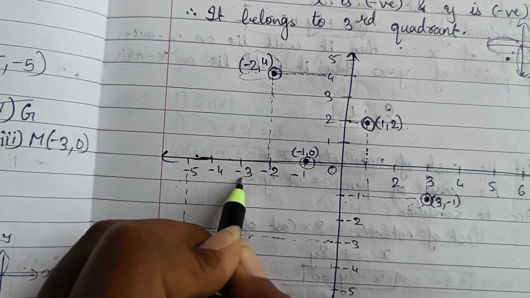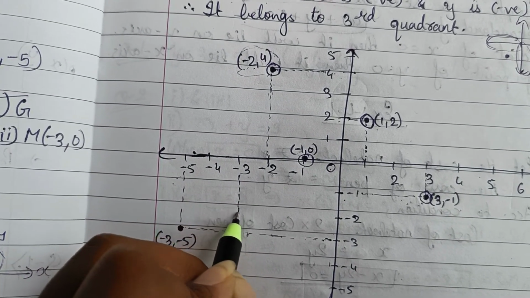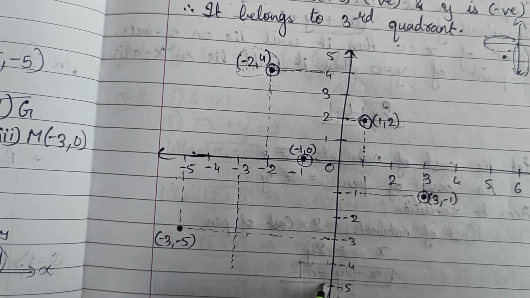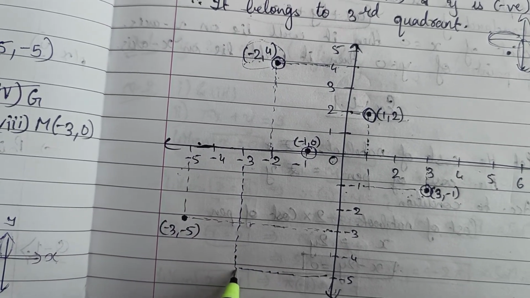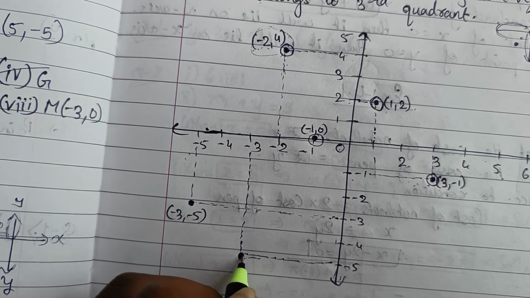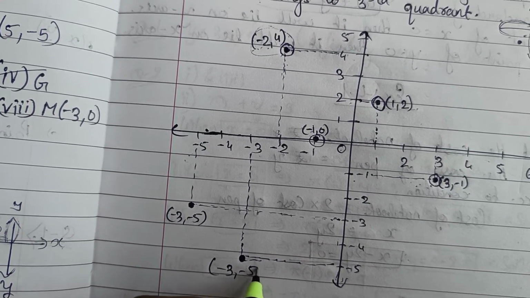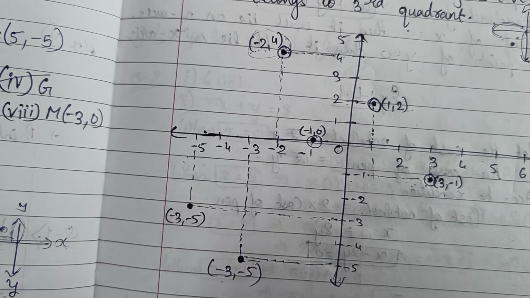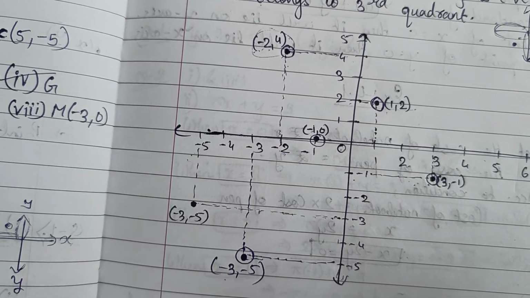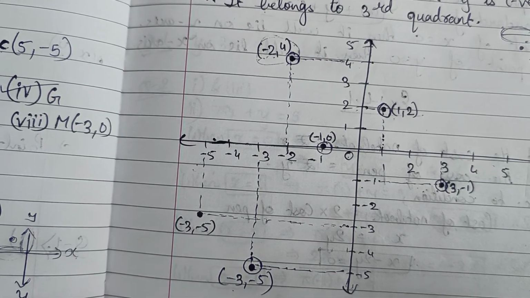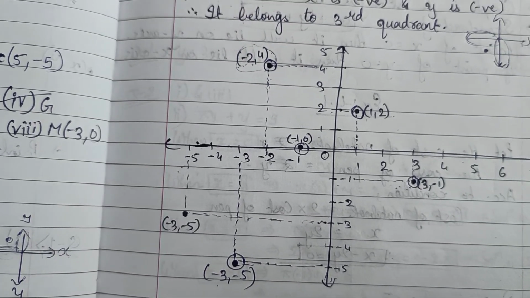So minus 3 is somewhere here and minus 5 will be here. So it will lie in the third quadrant, minus 3 comma minus 5. These are your points. Make a circle over here. This way you have to plot your points. Now I hope you understand this.